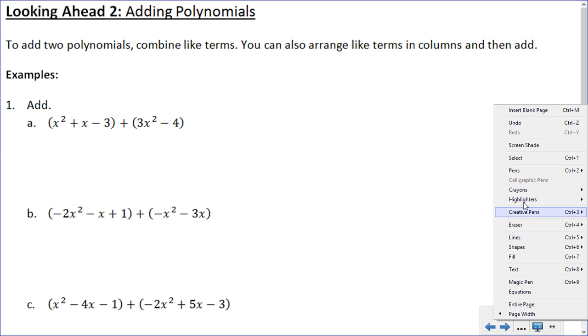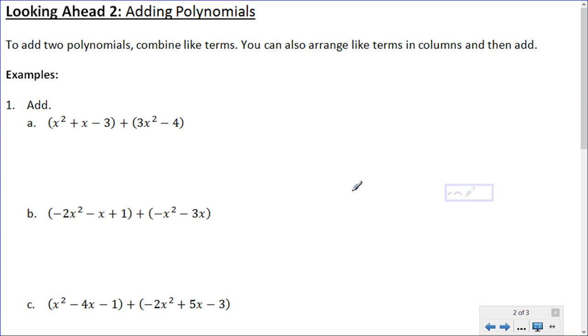So again, we'll look for the highest power on x, and I see an x squared. So we're going to combine x squared with 3x squared, and that would give us 4x squared. And then the next highest power is just this x all by itself, so plus x. And then we still have a minus 3 and a minus 4, which is minus 7.